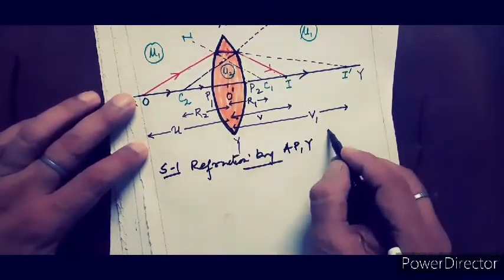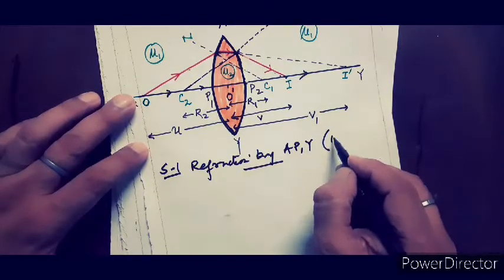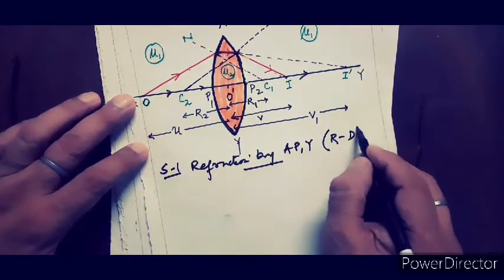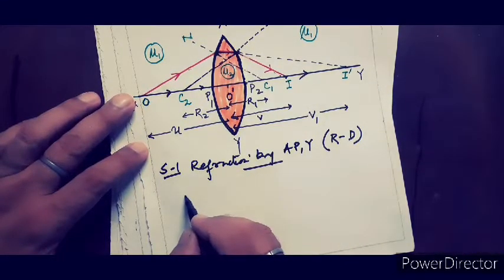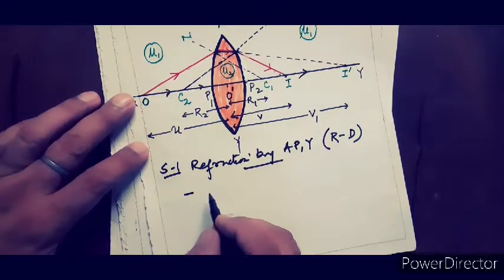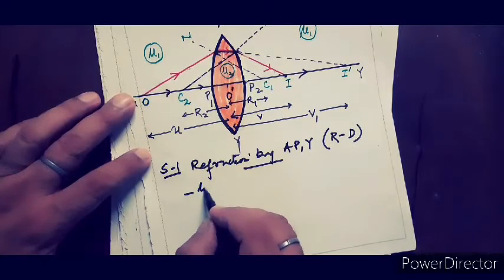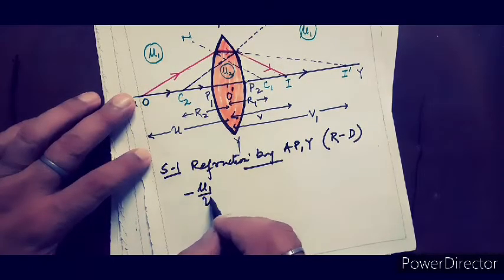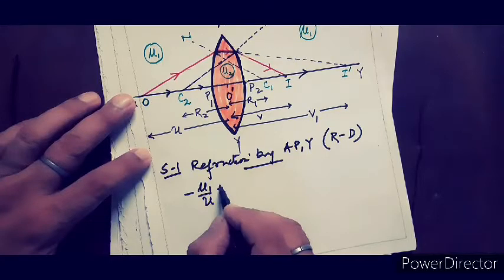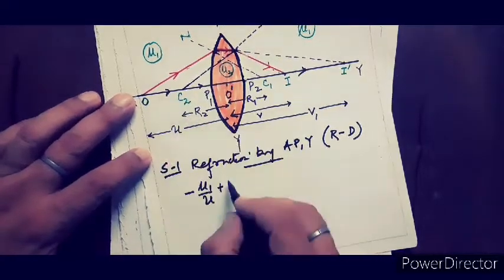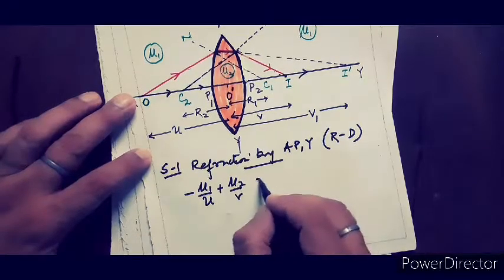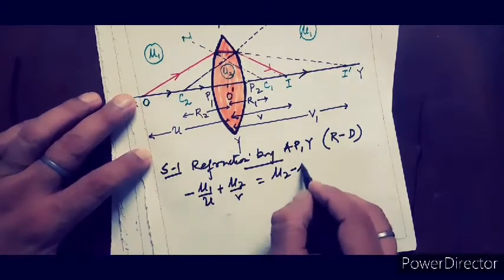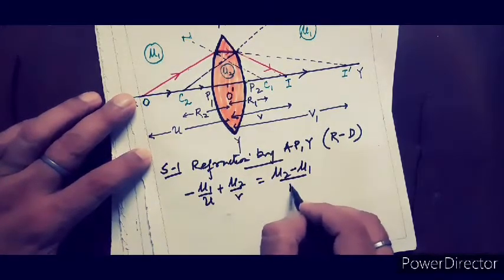Here the refraction occurs from rarer to denser medium. Object is in the rarer medium. So what we have to write? Minus of mu1 by u plus mu2 by v is equal to mu2 minus mu1 by r.